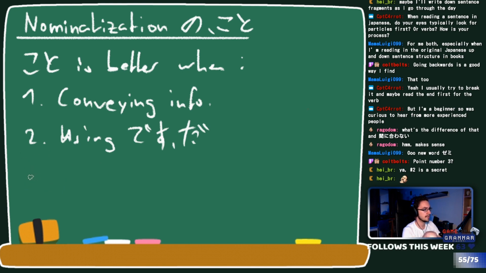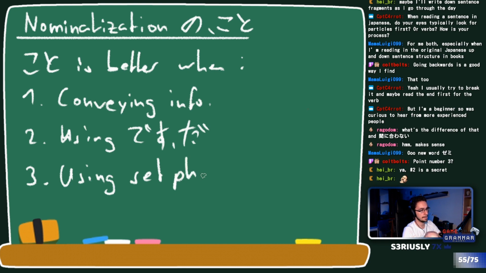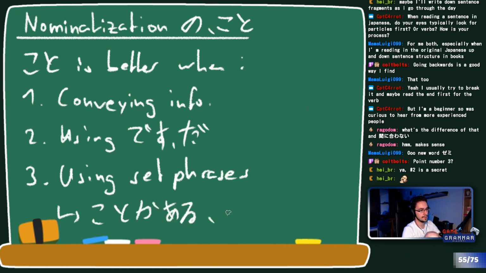That's point 3, which is also what was mentioned before: when using set phrases, like ことがある or ことができる, those always use こと anyways, because they are kind of set phrases.